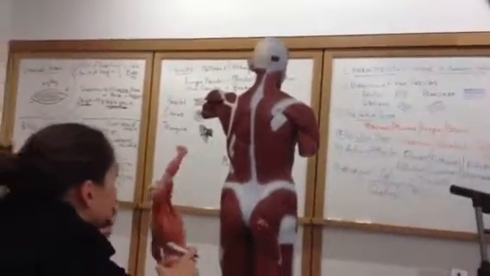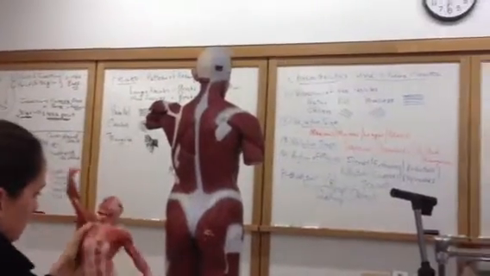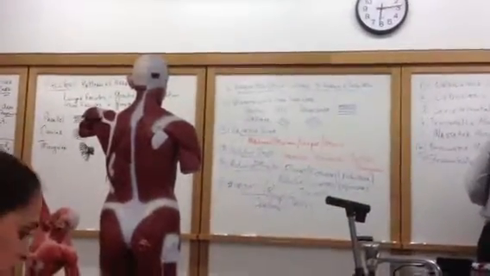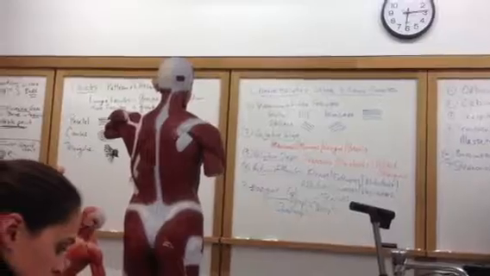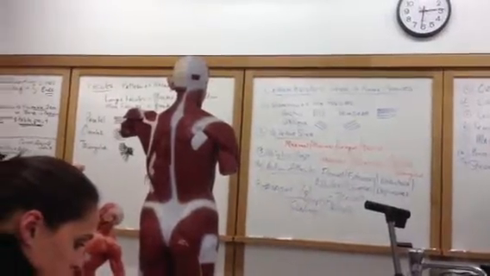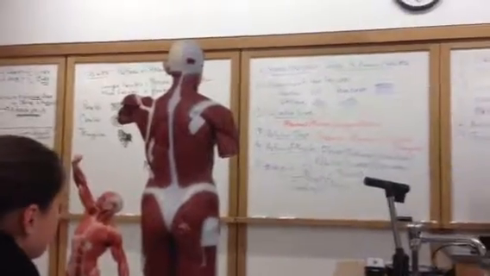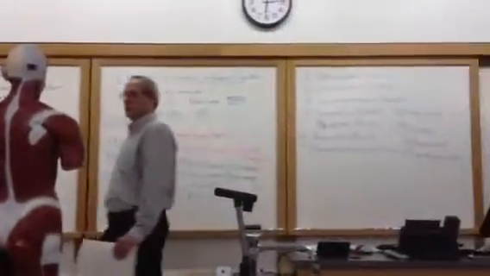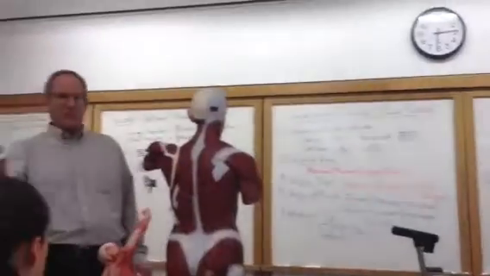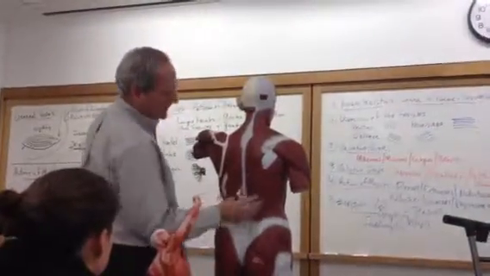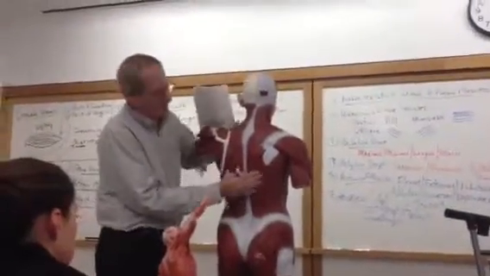The next one is the latissimus dorsi. Latissimus runs laterally in the back, in the dorsal area. Dorsal is back. So latissimus dorsi is this muscle down here.